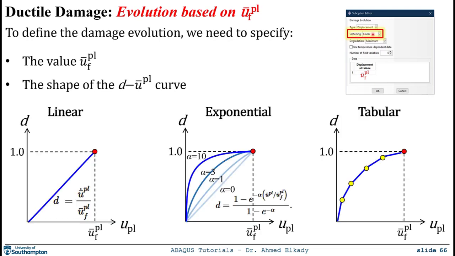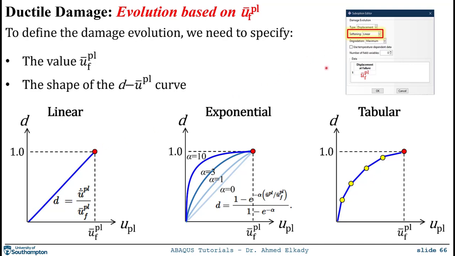For the softening curve, you have three options. You can choose that this curve is linear. This means that this damage parameter changes linearly with the plastic displacement until you reach the failure displacement that you indicated here. Of course, at the failure displacement, the damage parameter will be equal to 1. So it starts at 0 and then goes to 1 when you get complete failure.